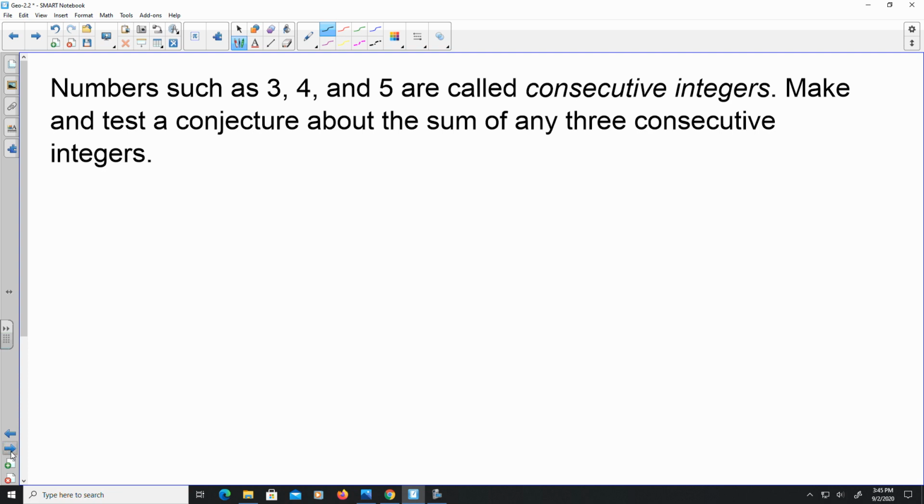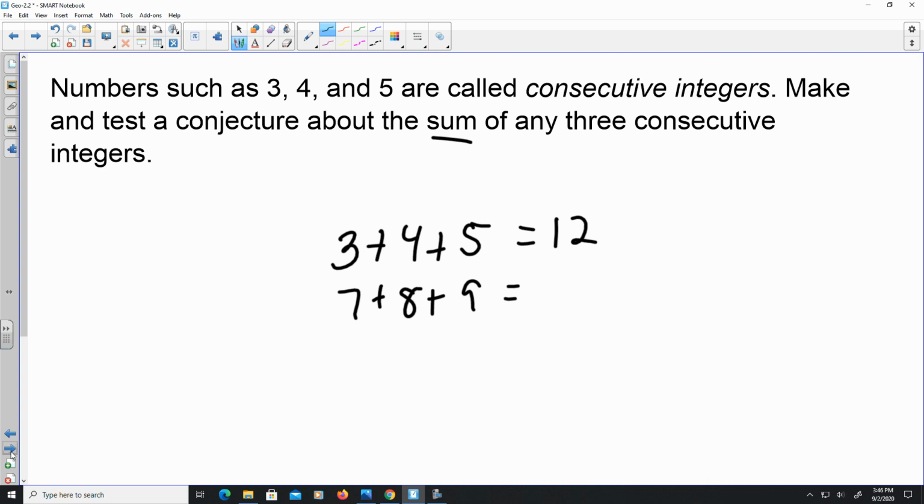If we took the sum, which is addition, 3 plus 4 plus 5, we'd get a result of 12. Let's take another one: 7 plus 8 plus 9. The result of that is going to be 24. And let's go another one, 14 plus 15 plus 16. The result of this is going to be 45.